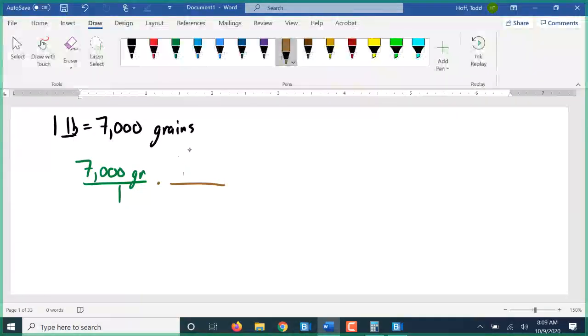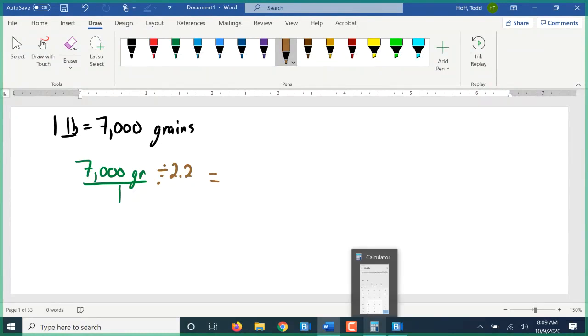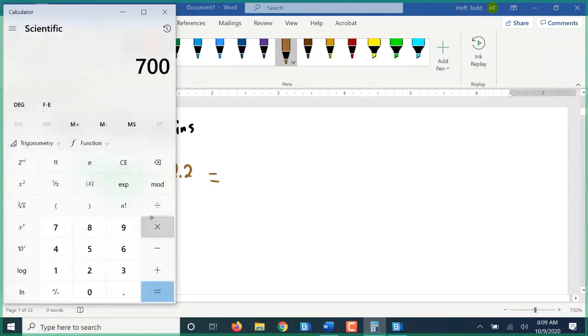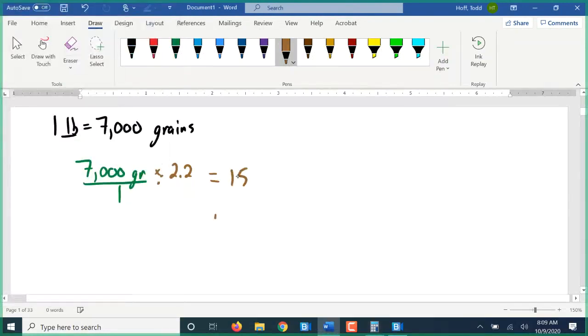I just blacked out on how I want to do my conversion here. So we're going to divide this by 2.2 to turn it into how many grains are in a kilogram. I should say times 2.2. You get how many grains are in a kilogram. So it's 1,540 grains in a kilogram.